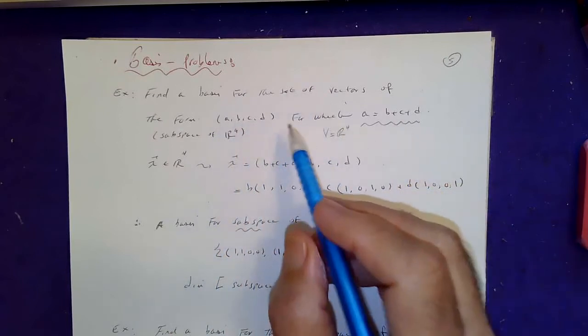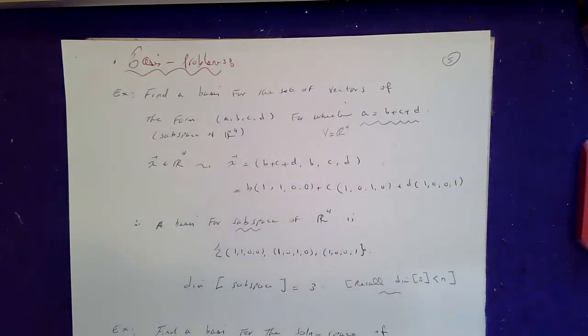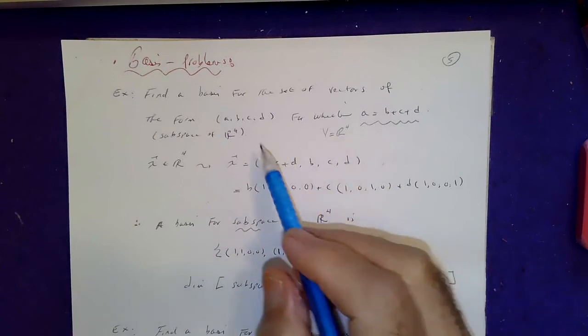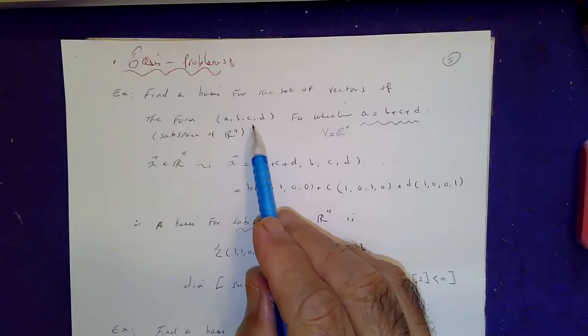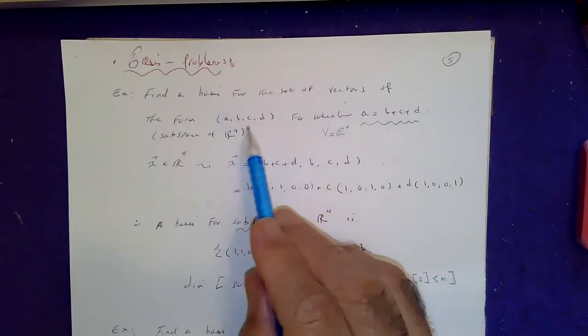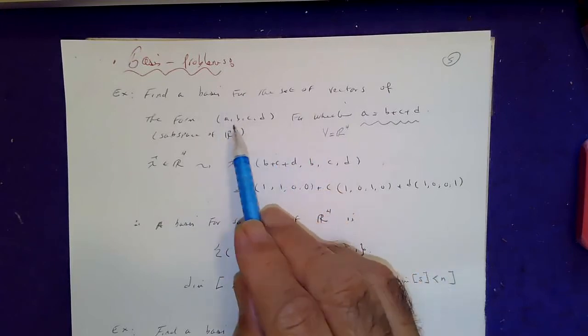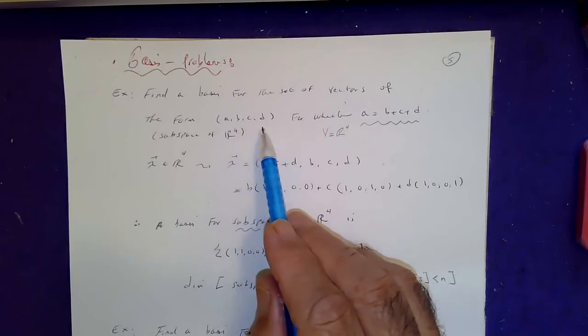In other words, we are looking at what? A subspace which contains this kind of vectors. Subspace of R4 contains this kind of vectors, but it's not just any vector in R4.